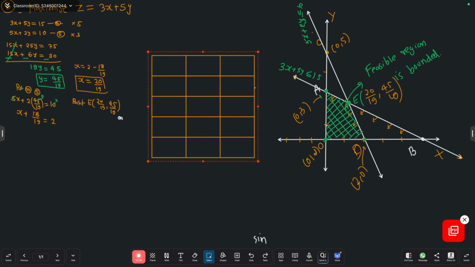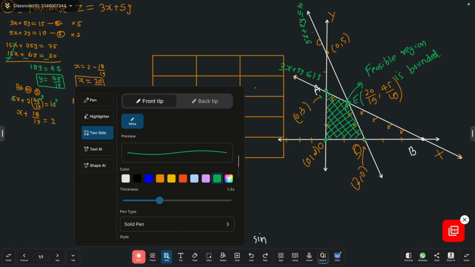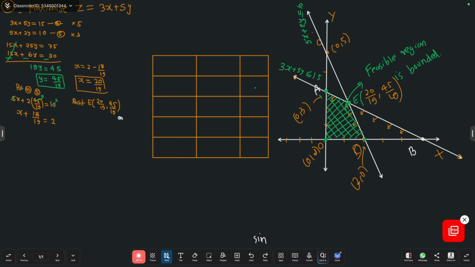Now we need a table: corner points and the Z value. What is the objective function? Z is 3x plus 5y.